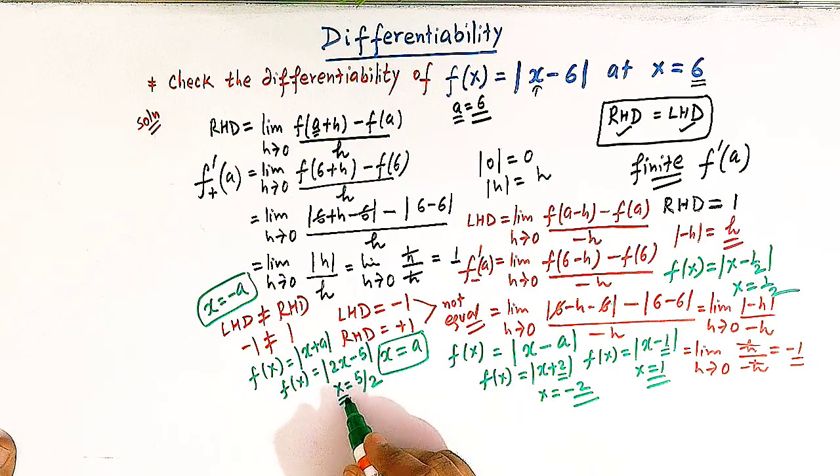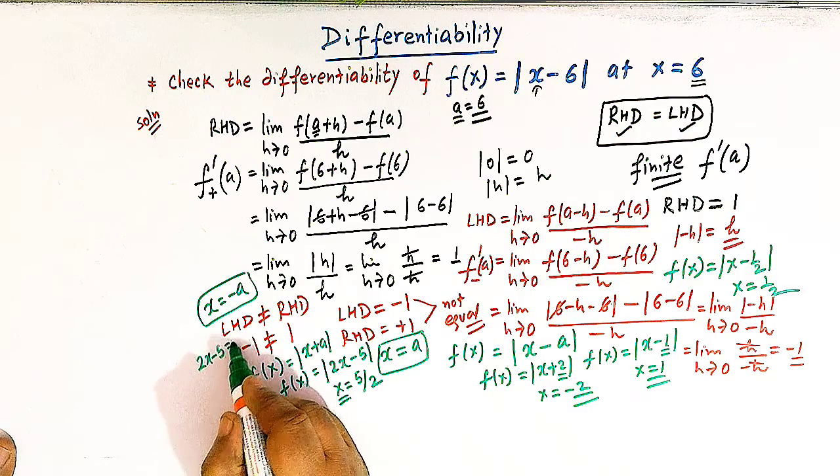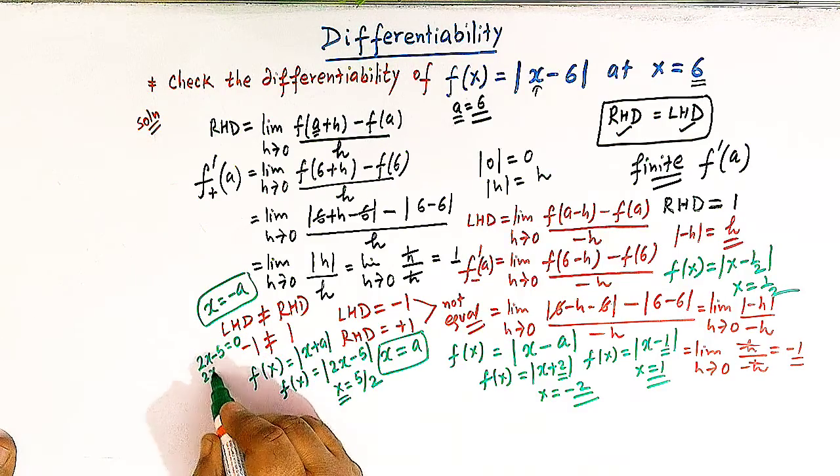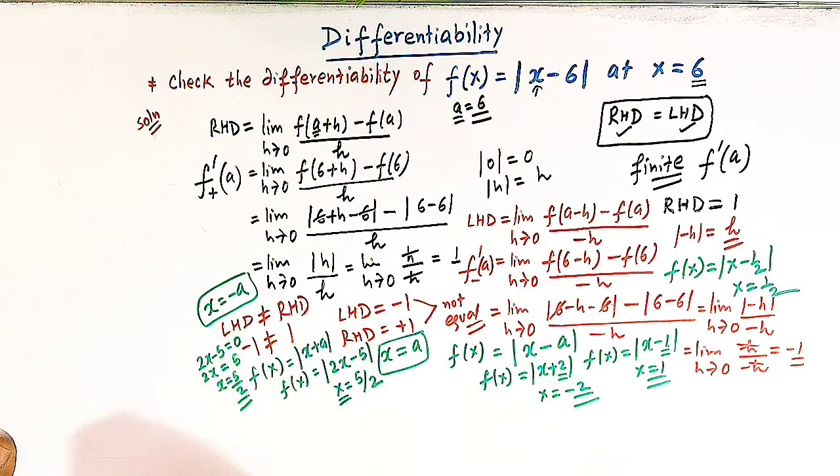This point x equal to 5 by 2 can be obtained by equating 2x minus 5 equal to 0, so we have 2x equal to 5, so x equal to 5 by 2. This is how we can check the differentiability of mod functions.